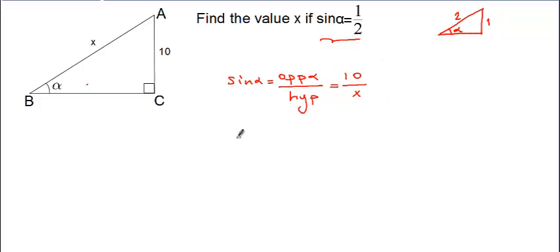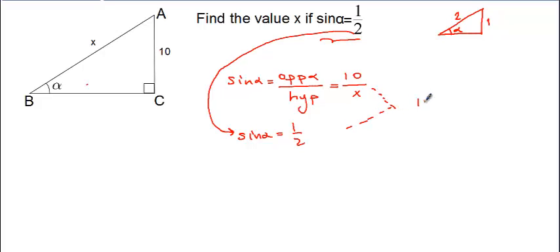And in the question, sine alpha is given 1 over 2. From this, 10 over x is going to be equal to sine alpha, which is equal to 1 over 2. So x times 1 is equal to x is equal to 20, it's going to be.